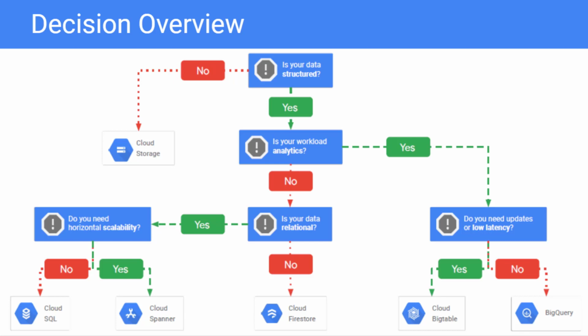Otherwise, check whether your data is relational. If it is not relational, choose Cloud Firestore. If it is relational, you will want to choose Cloud SQL or Cloud Spanner, depending on horizontal scalability.